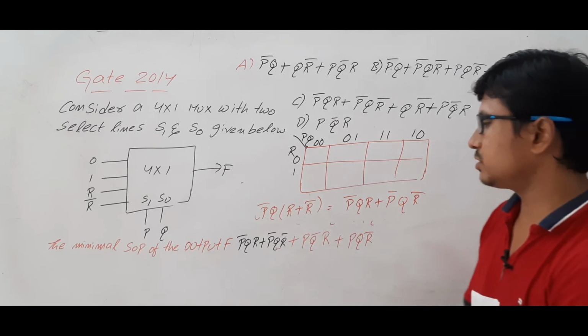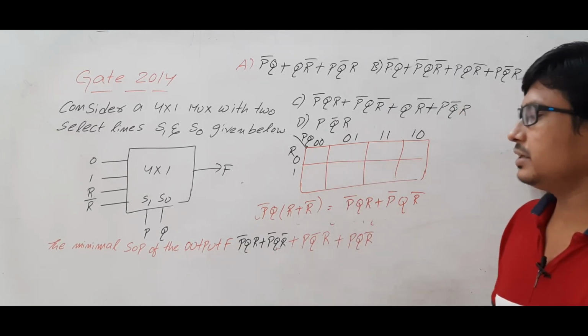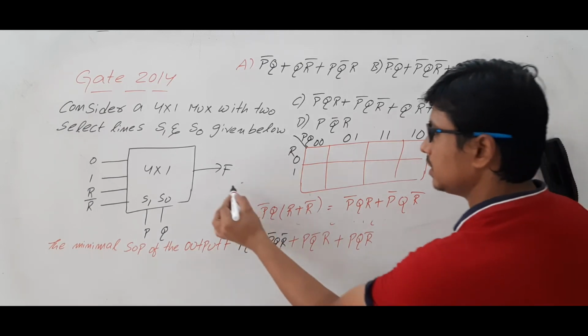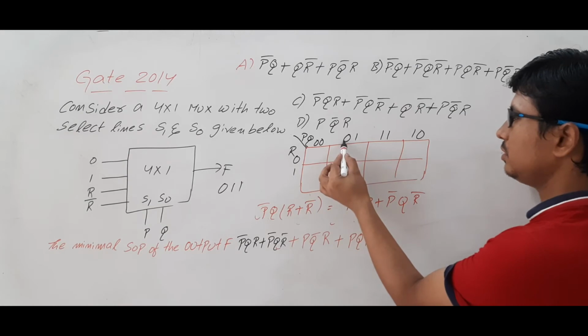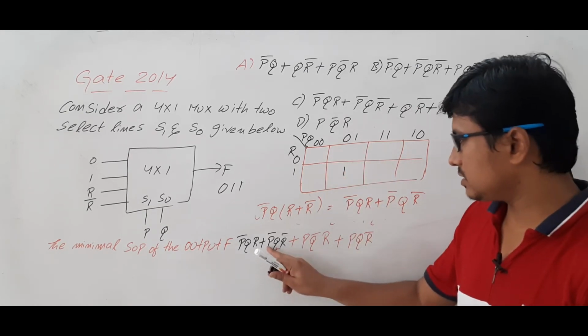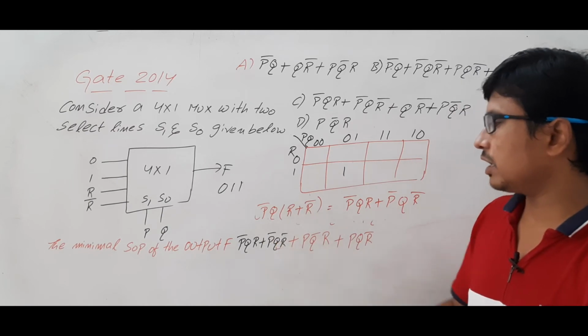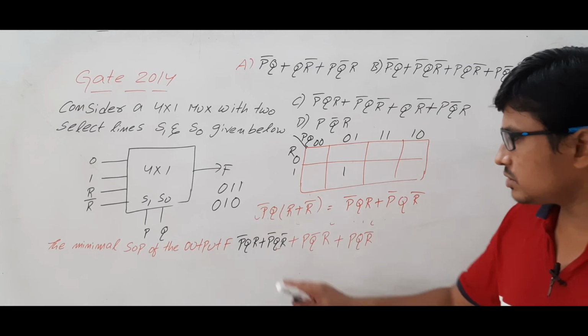So substitute these values in the K map. P complement Q R is nothing but 0, 1, 1, so where it is 0, 1, 1, here it will come. Then this is P complement Q R complement, which is equal to 0, 1, 0. How did I get 0, 1, 0?